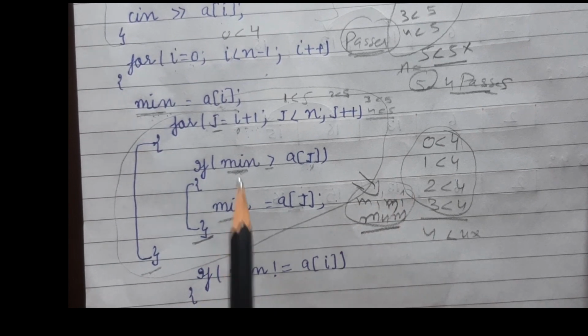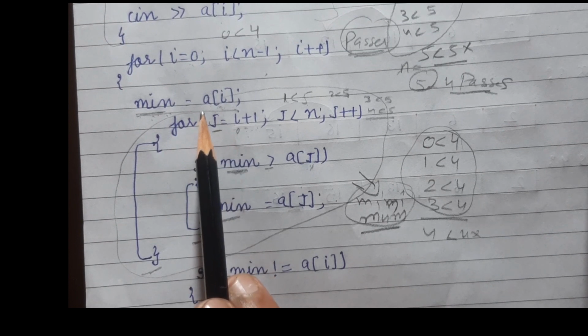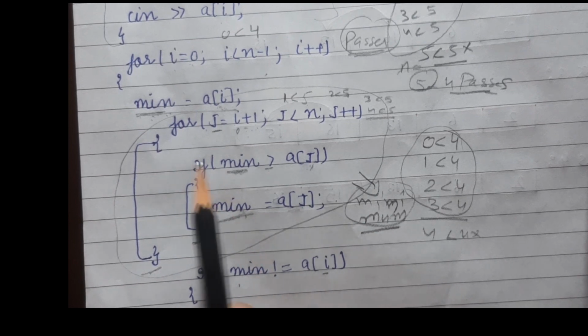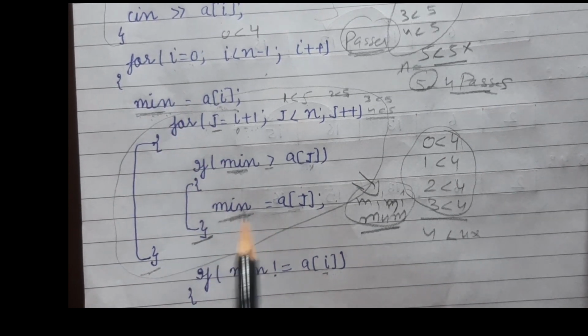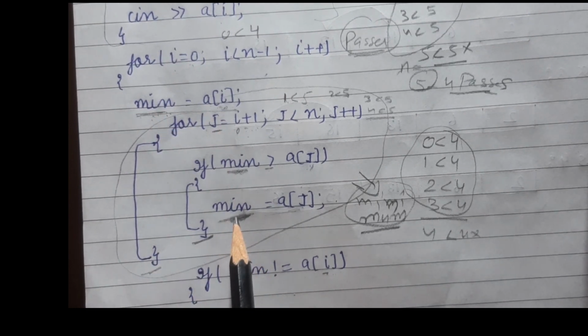Now at the starting time, minimum has a value a of 0. Now if this minimum is updated, then minimum is not equal to a of 0, that is, minimum is not equal to a of i. We compare this minimum variable with a of i. If this value is updated, then this condition is true. It means this minimum is not equal to a of i.